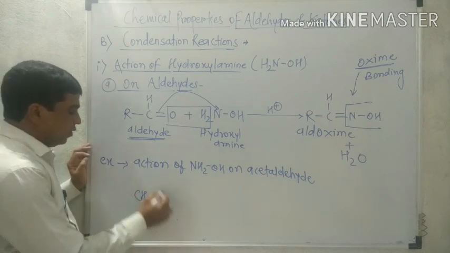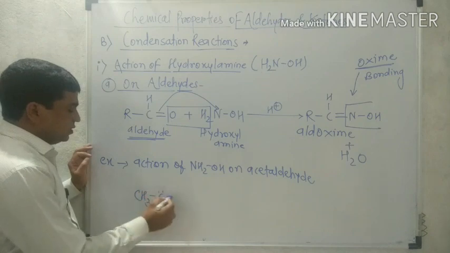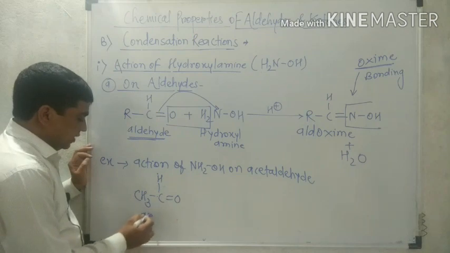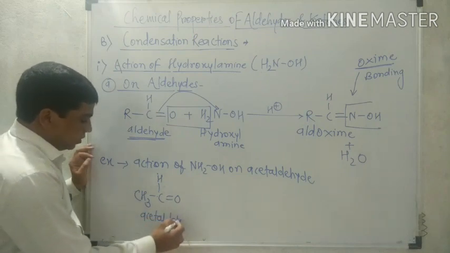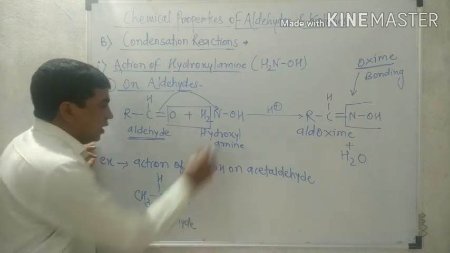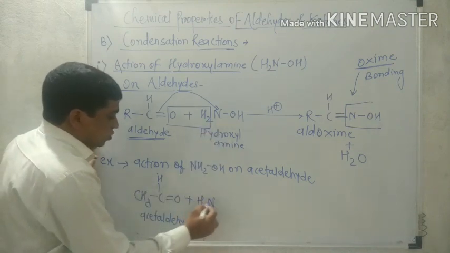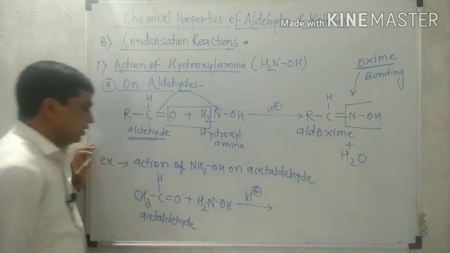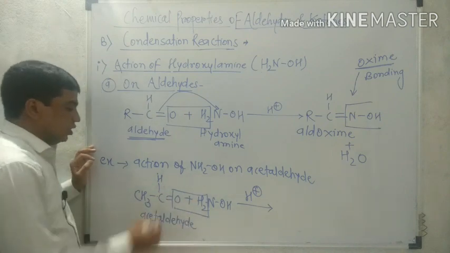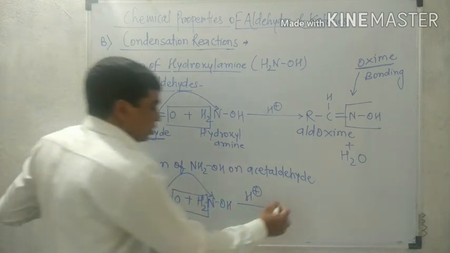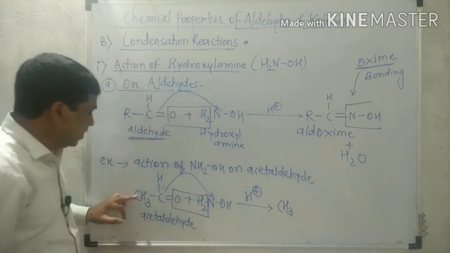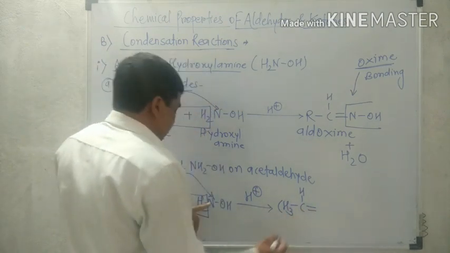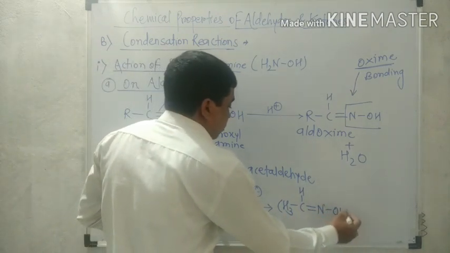Acetaldehyde has the formula CH3CHO. It reacts with hydroxylamine, NH2OH, in presence of catalyst H+, that is acid. The byproduct is formed in the form of H2O, and the double bond is formed with nitrogen. So here we obtain CH3CH=N-OH.